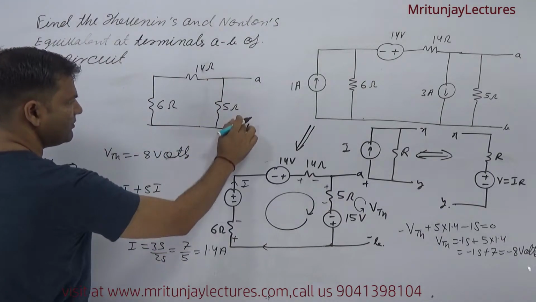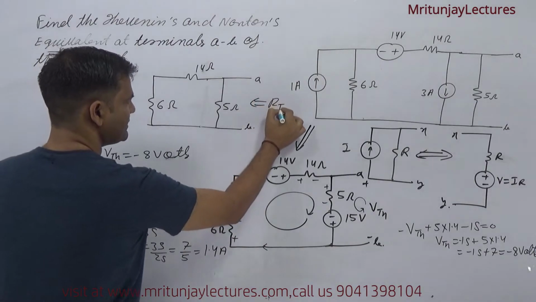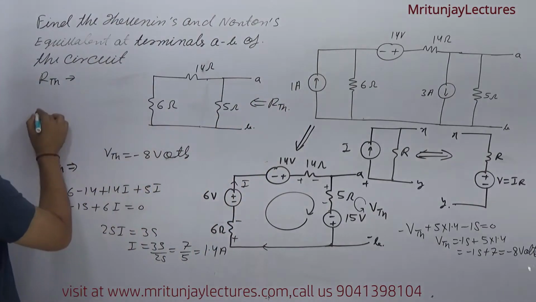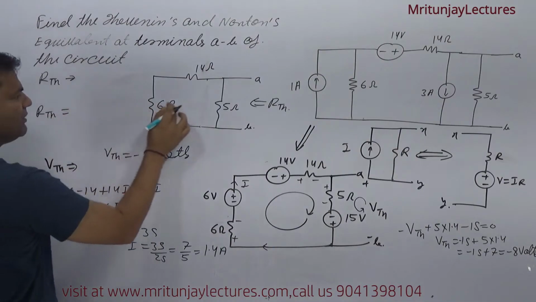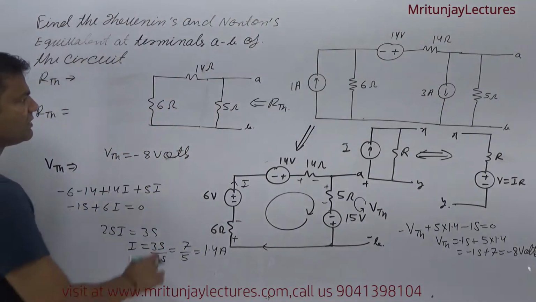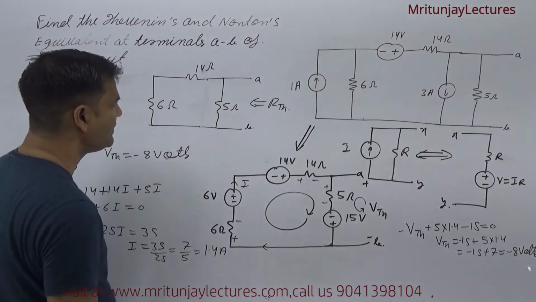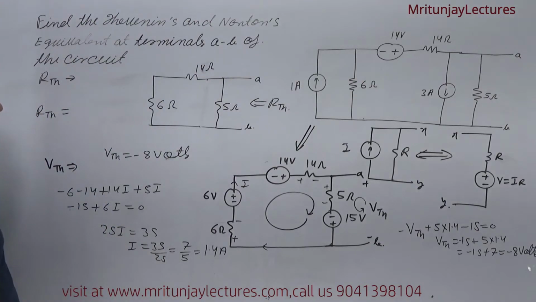Our motto is to determine RTH. How can we determine RTH? This one and this one are in series, so 14 plus 6 is 20.